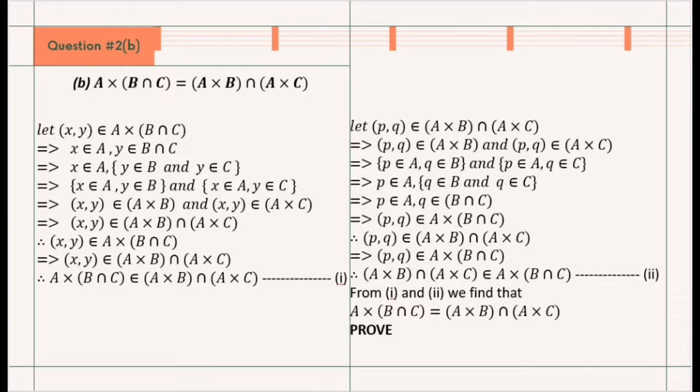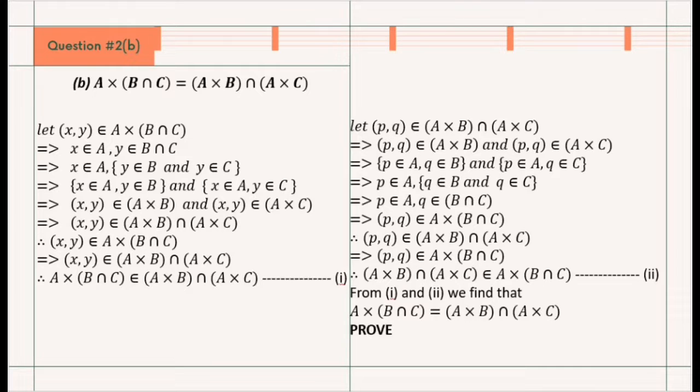Q belongs to C. This implies p belongs to A, q belongs to B intersection C. Again, using the definition of Cartesian product, we can write this ordered pair (p, q) belongs to A cross (B intersection C).